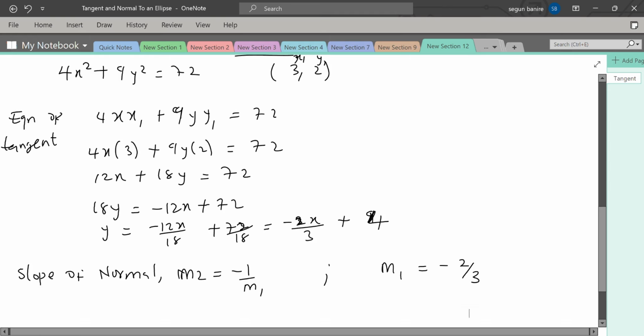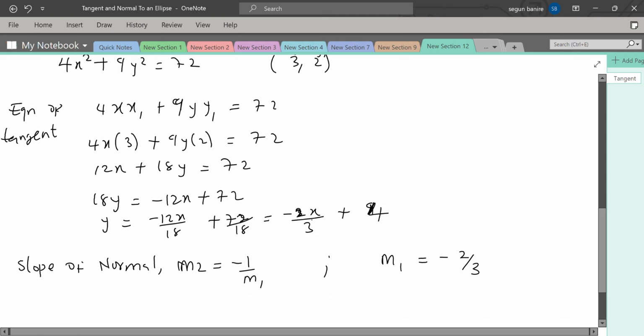Okay, so if you pick your slope, the coefficient of x is your slope. To get m2, we find the inverse of this, and then we negate it. So minus open bracket, the inverse of this is 3 over 2, minus. Okay, so minus times minus will give you plus, so that is 3 over 2.